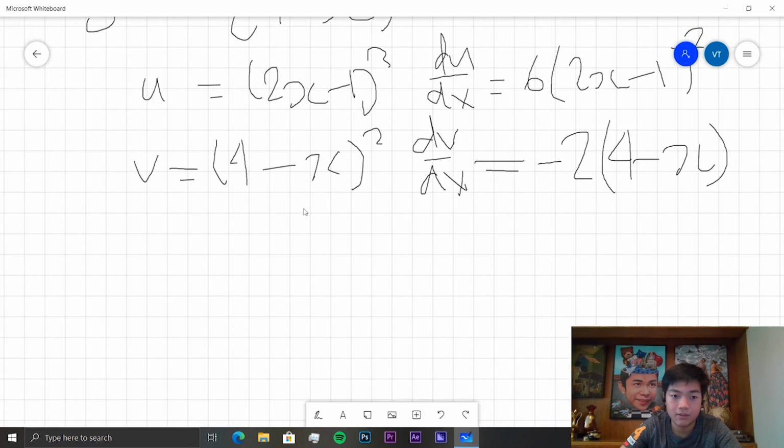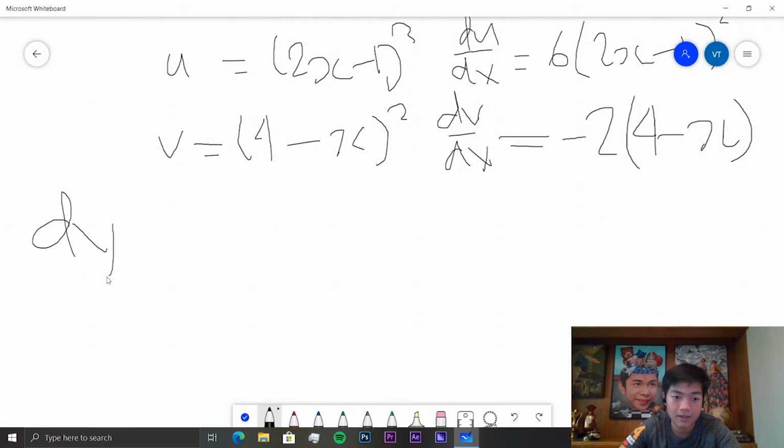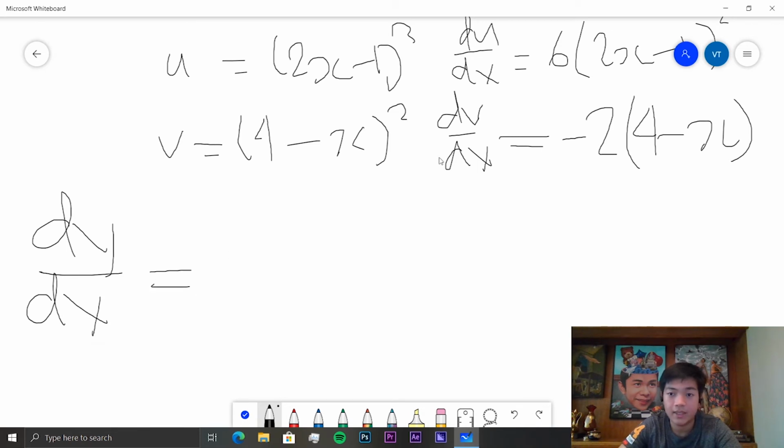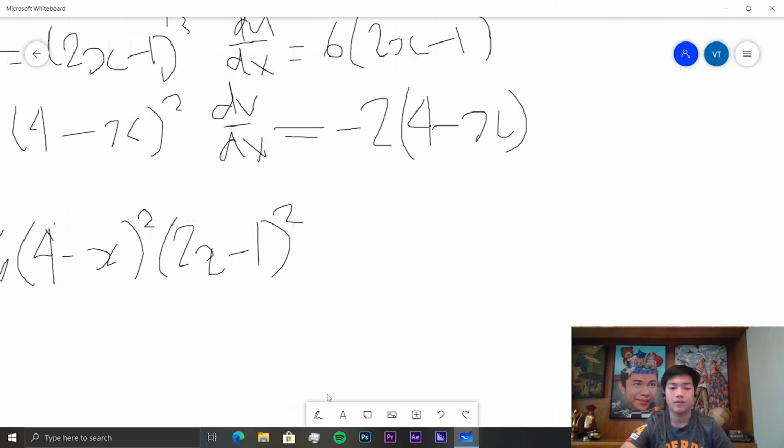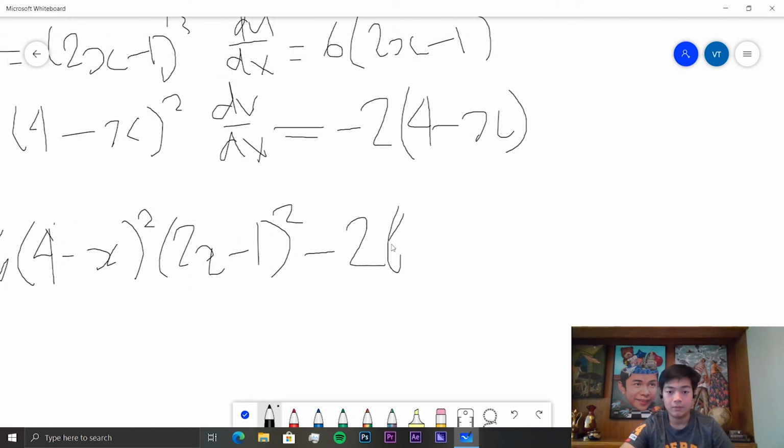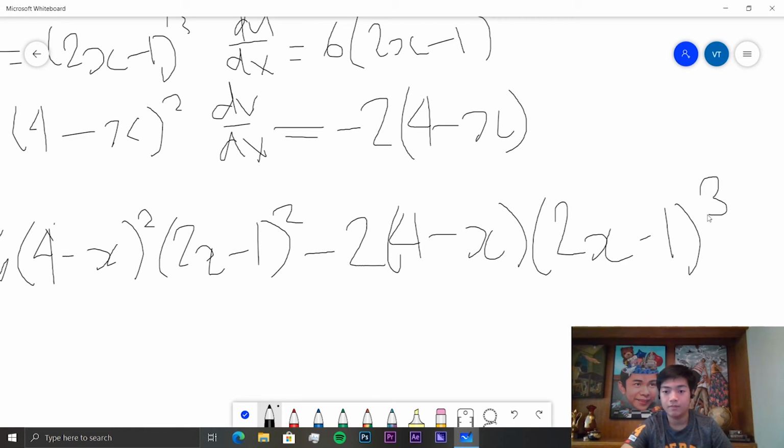So this new thing should be equal to dy over dx, and that should be equal to 6 times 4 minus x squared times 2x minus 1 squared minus 2 times 4 minus x times 2x minus 1 cubed.